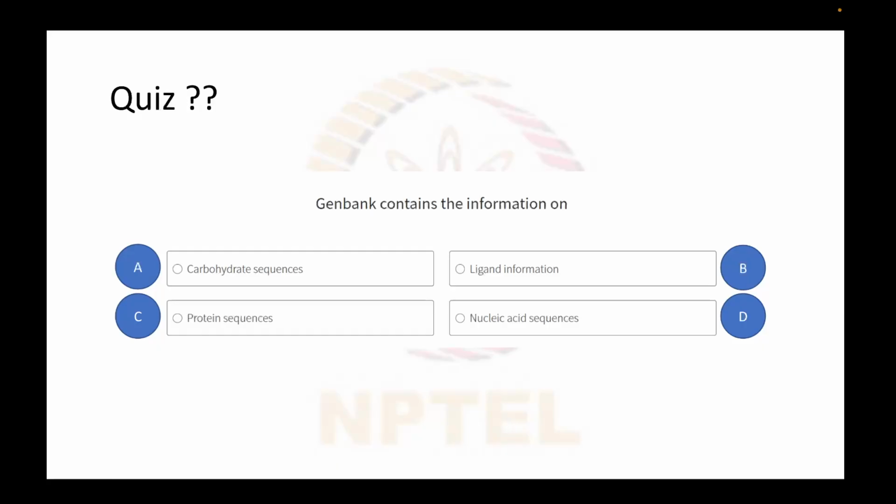So I mentioned in the discussion on data banks, GenBank is a primary database that contains information on nucleic acid sequences.